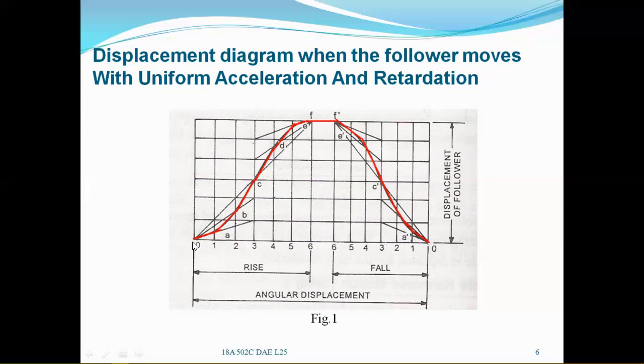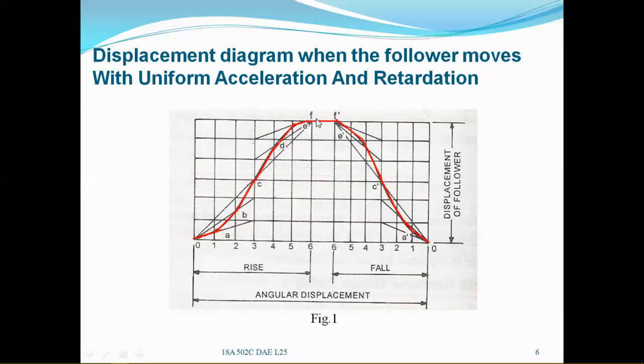If you join all of 0, A, B, C, D, E, F and F dash, E dash, D dash, C dash and similarly B dash, A dash and 0 dash, it will give you the required displacement diagram when the follower is moving with uniform acceleration and retardation.